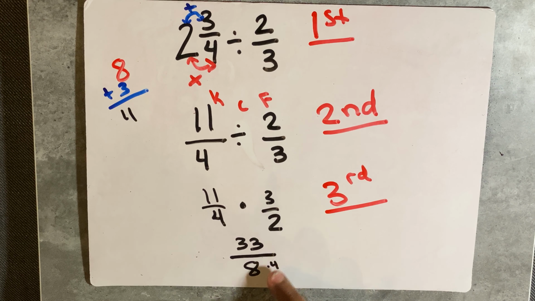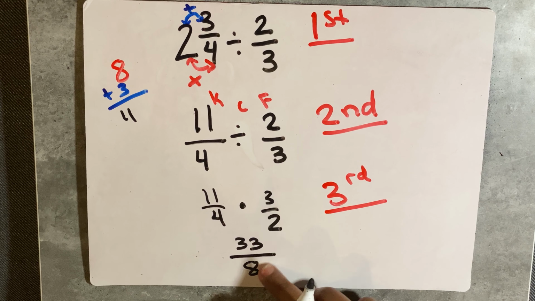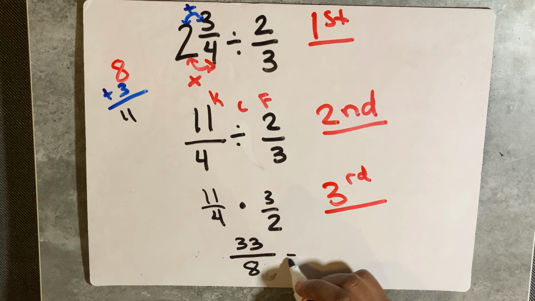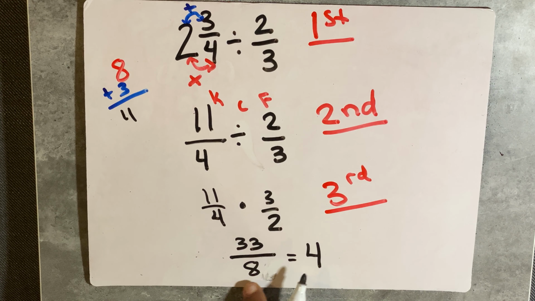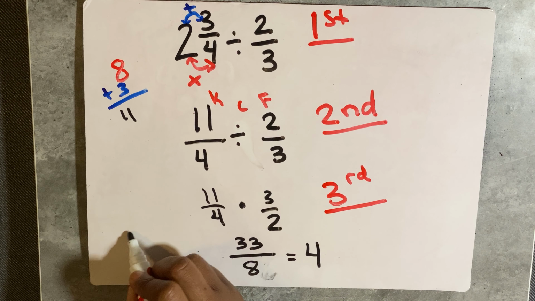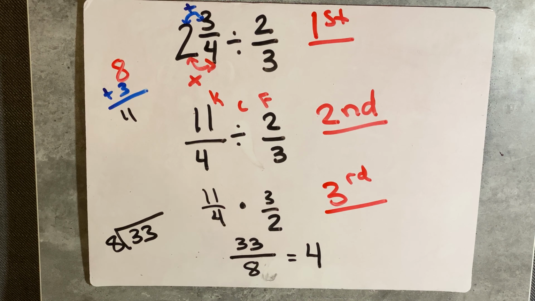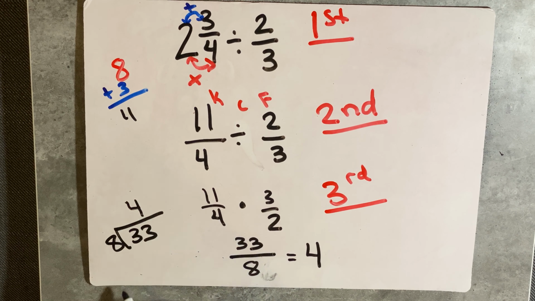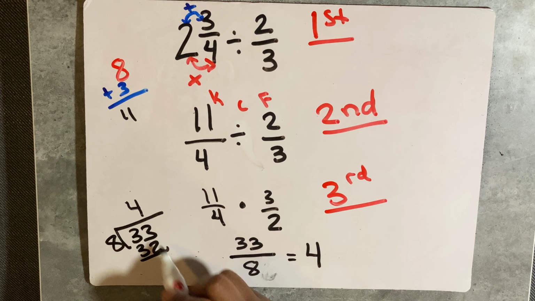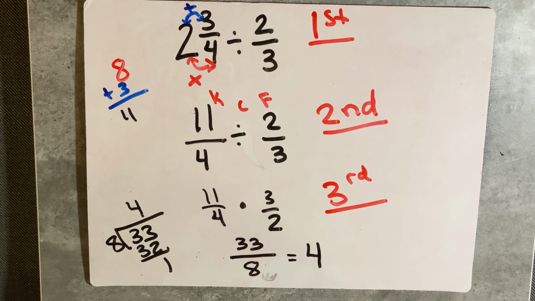I'm not going to leave it there. So my whole number would be 4 because 8 can go into 32 at least 4 times. There's that division again. 8 can go in there 4 times with a remainder of 1. Okay?